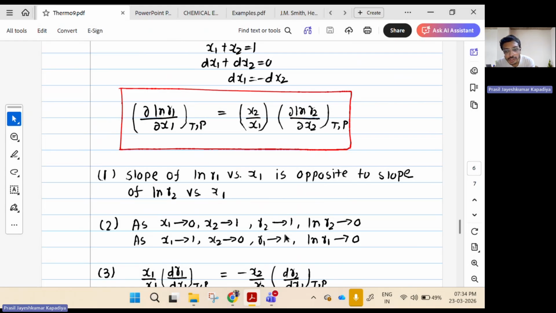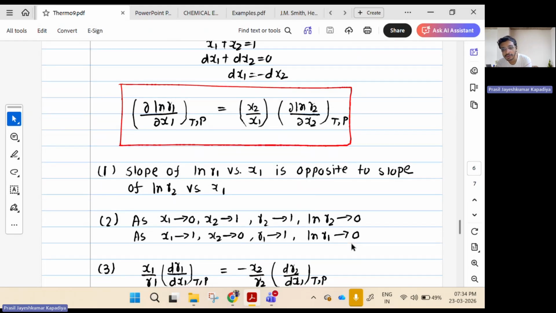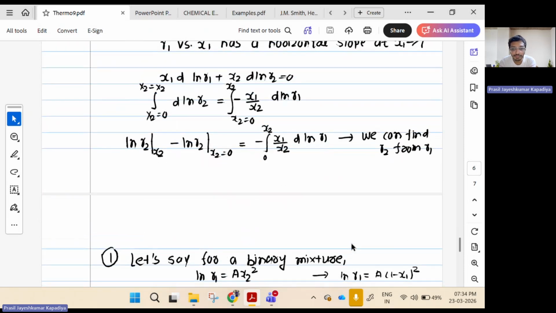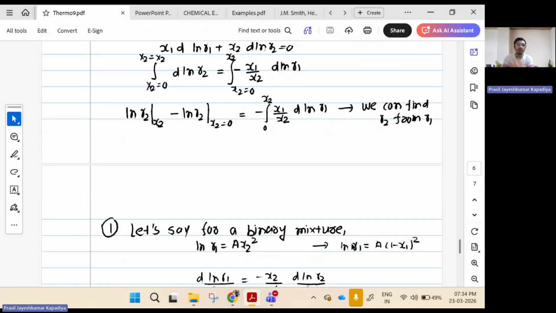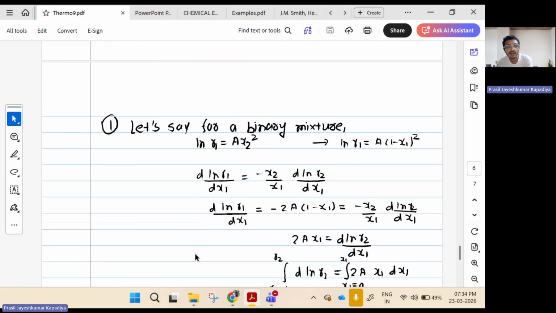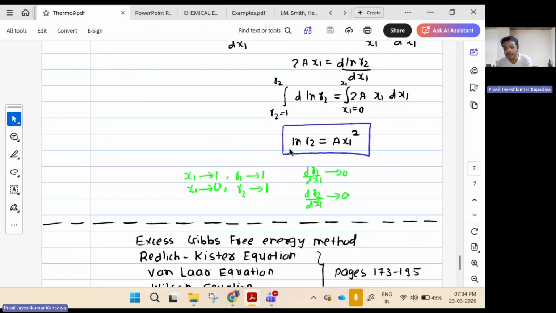When x1 tends to 0, the other component behaves ideally, so ln gamma2 tends to 0, and when x1 tends to 1, ln gamma1 tends to 0. We also saw that if I know gamma1, I can easily find gamma2. For that, we took one example: when I express ln gamma1 as A x2 square, from there I can find ln gamma2 is equal to A x1 square.